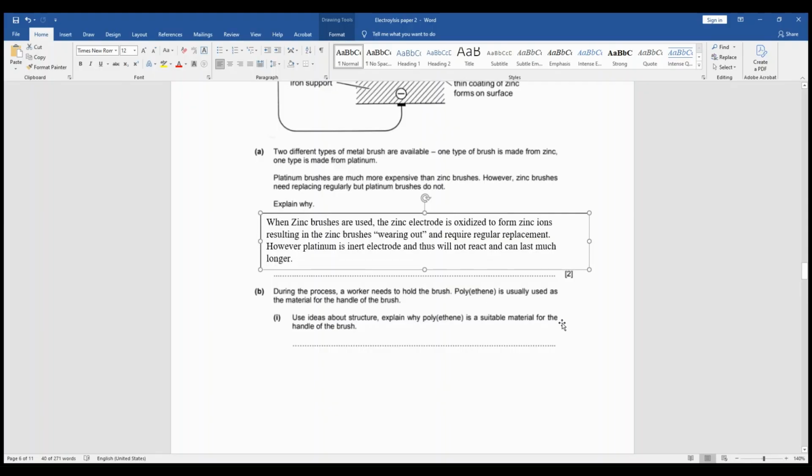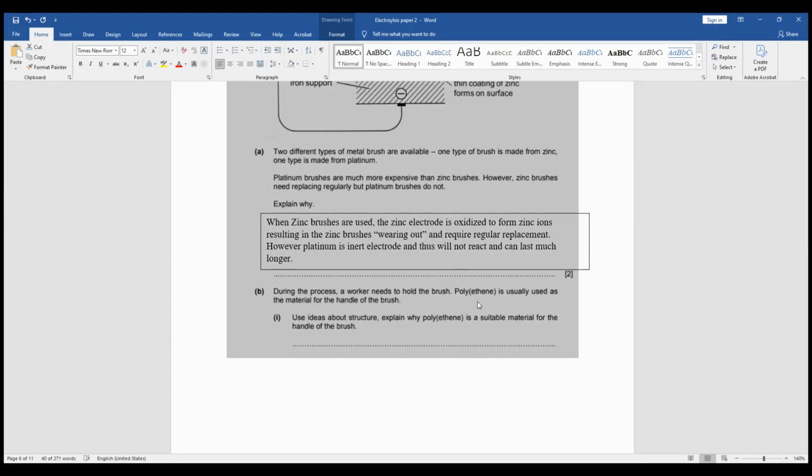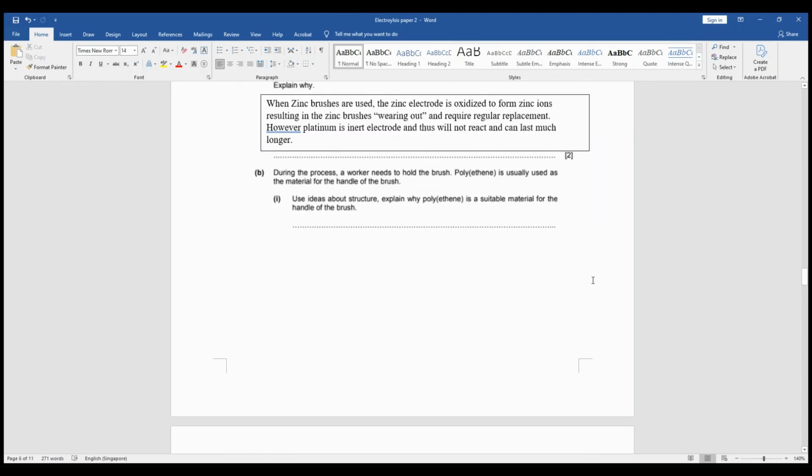During the process, a worker needs to hold the brush. Polyethylene is usually used as the material for the handle of the brush. Why is it a suitable material? Okay, this is talking about why it is an insulator. So again, just jump in, but of course you must also state the structure of polyethylene. If you're not sure, go back to your organic chem: it is a macromolecule. Don't say it's a simple molecule, then you're gone already.